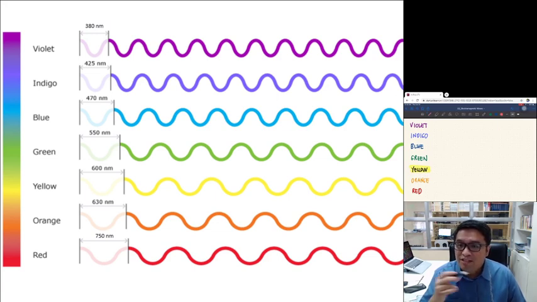And this diagram tells us that the color with the longest wavelength is actually red, while violet has the shortest wavelength. Now, because violet has the shortest wavelength, it has the highest frequency, while red has the lowest frequency. Because again, wavelength and frequency are inversely related.